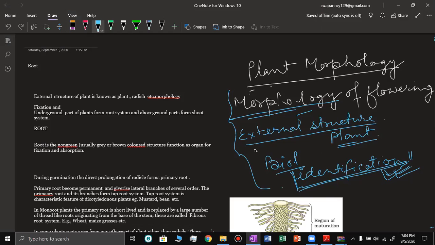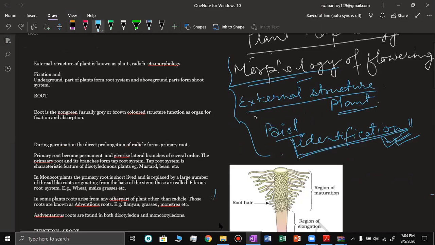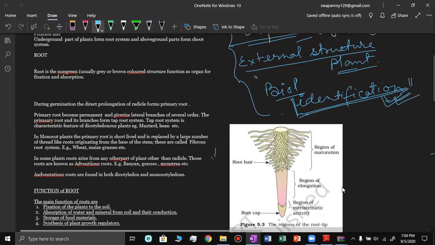That is the above ground part of the plant, and this portion makes the shoot system, right?